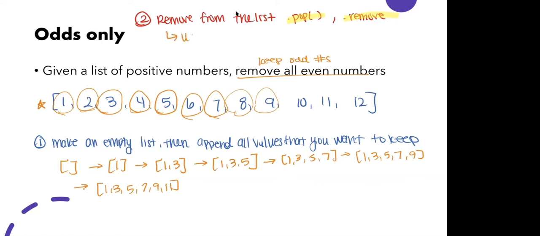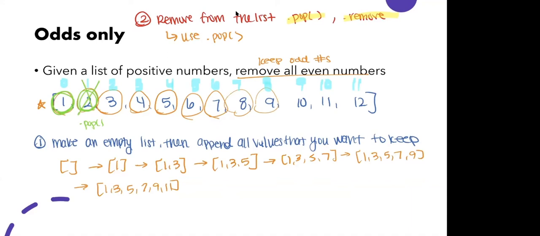Let's say you use .pop. And we're looking at the indices. When we take a look at this 1 right here, we see, okay, it's an odd number. Don't remove it, don't pop it. But if you see this 2, which is at index number 1, and you say, oh, I need to remove this, and you use .pop, this will remove it.